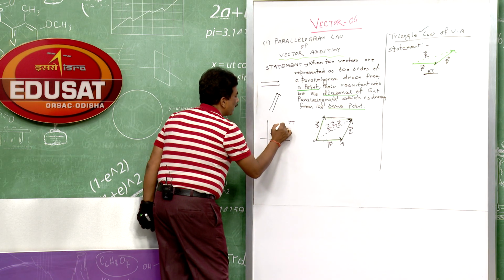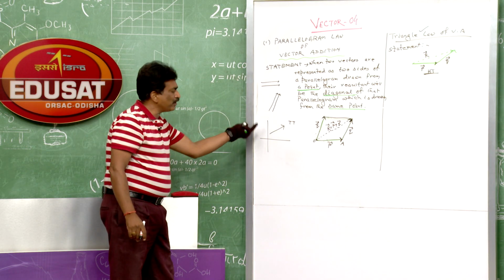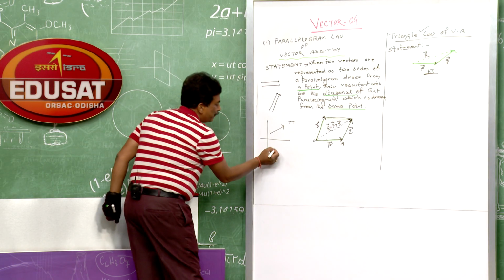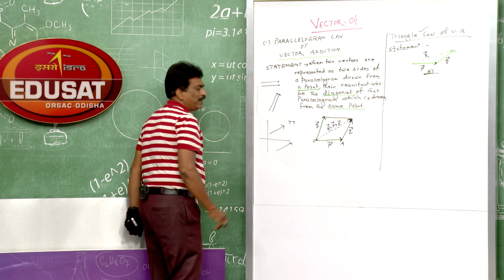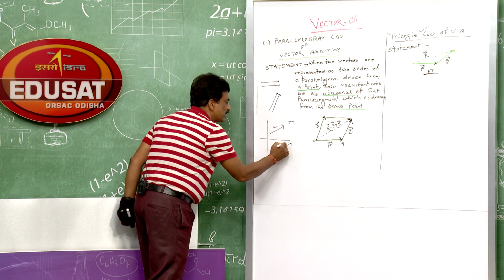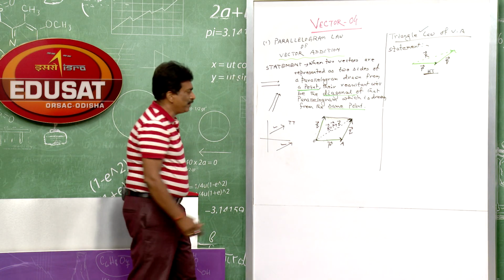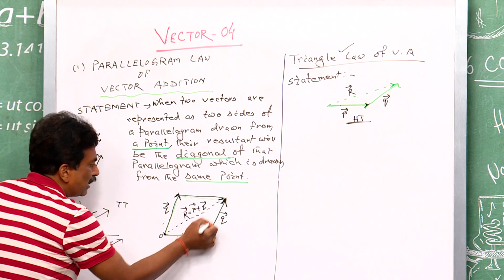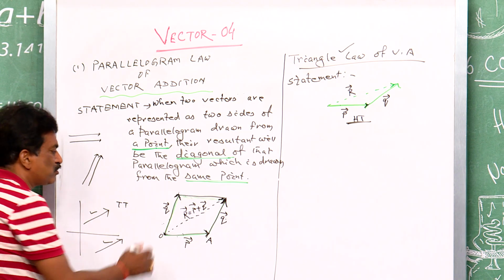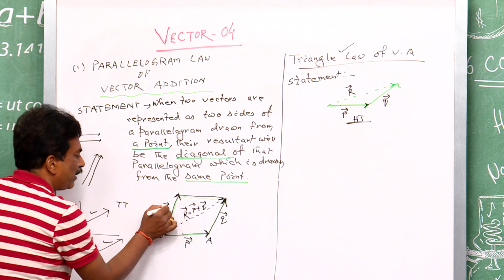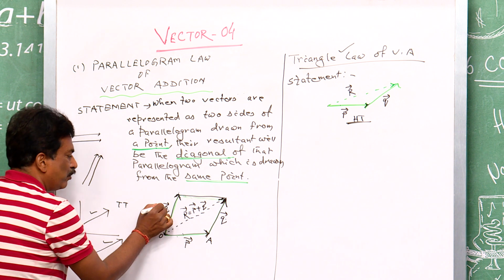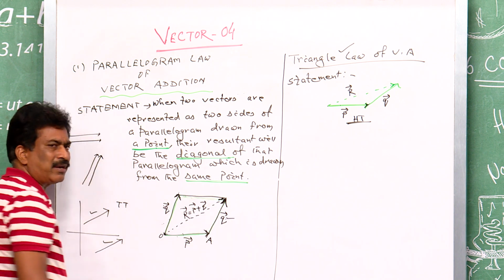Suppose we have taken a vector, this one, and it is shifted parallelly, means if you take a similar vector here, then this vector and this vector are the same. Similarly, this vector and this vector are the same. So, if these two vectors are to be added, P with the Q here, this Q is nothing but this one.